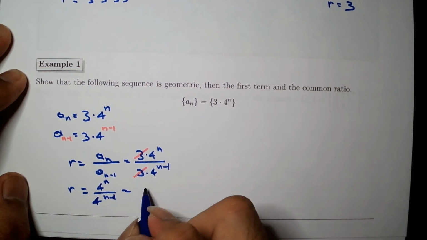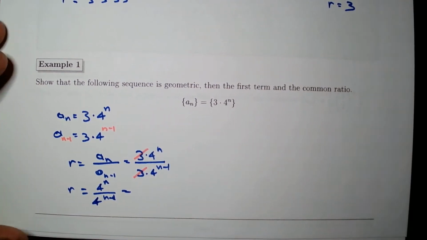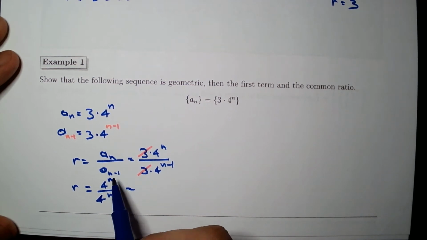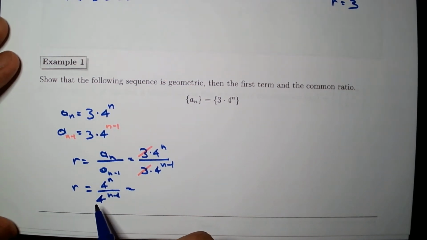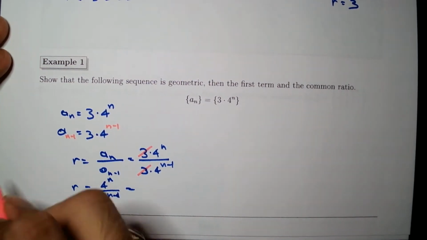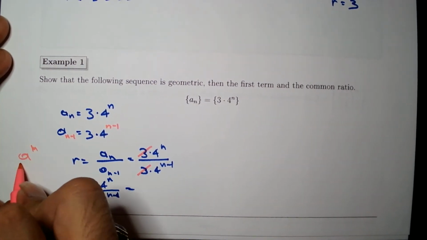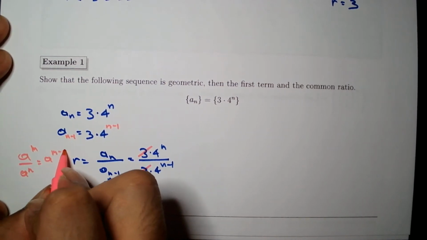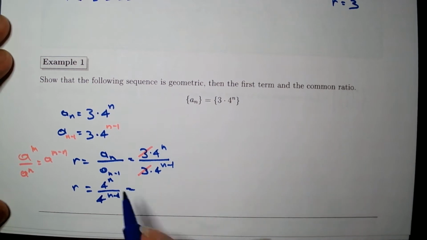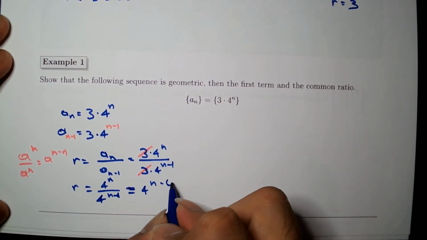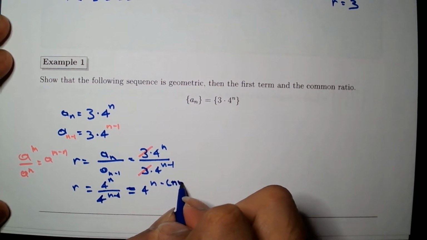What are we going to get next? Notice that the base is the same, 4, and when we have the quotient of two algebraic expressions in which the base is the same, recall that a to the m over a to the n is a to the m minus n. All we do is subtract the exponents. So 4 to the n minus (n minus 1).